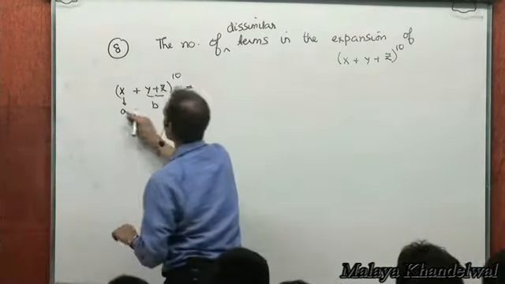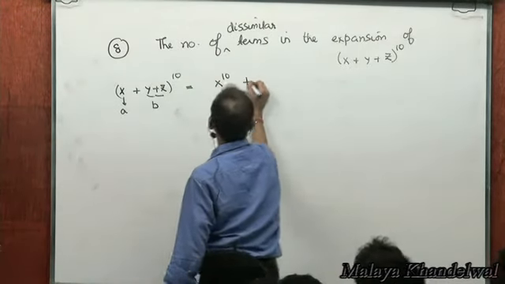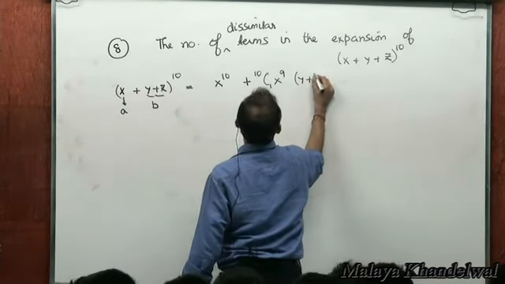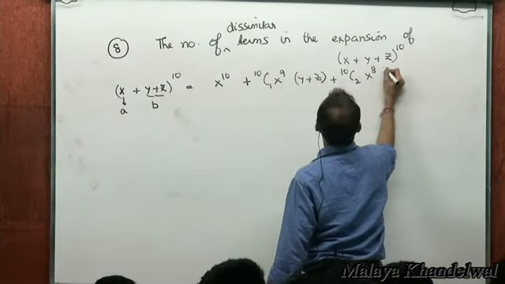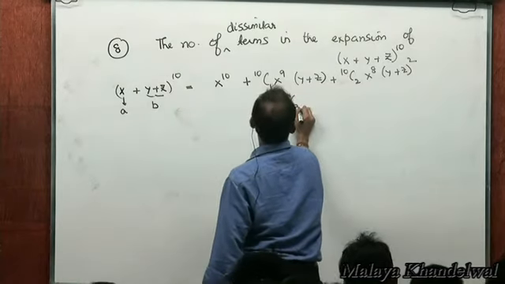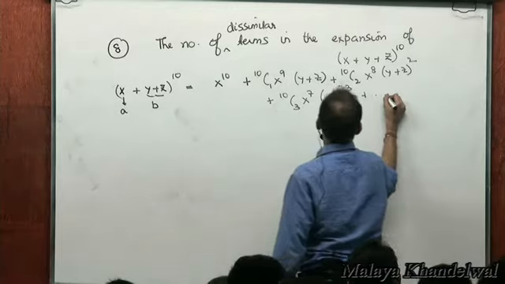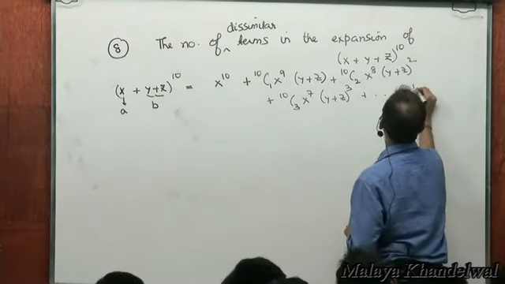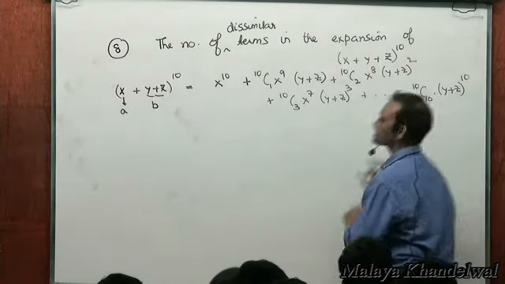So if I expand as a plus b to power 10, I would get x power 10 plus 10C1 x power 9 into y plus z to power 1, plus 10C2 x power 8 into y plus z whole square, 10C3 x power 7 y plus z whole cubed, 11 such terms, right? Up to the last term, 10C10 y plus z whole to power 10. That's the last term.